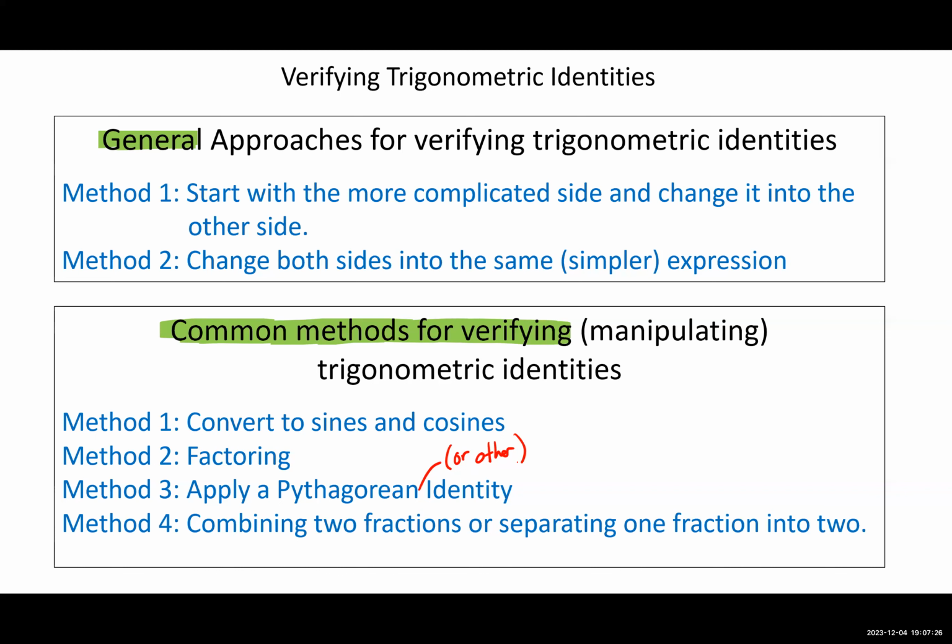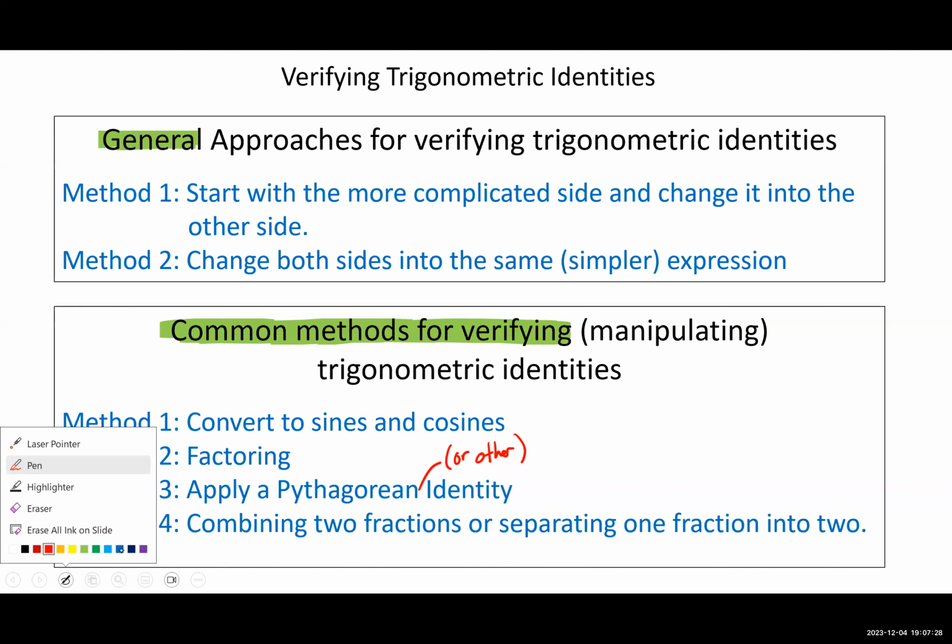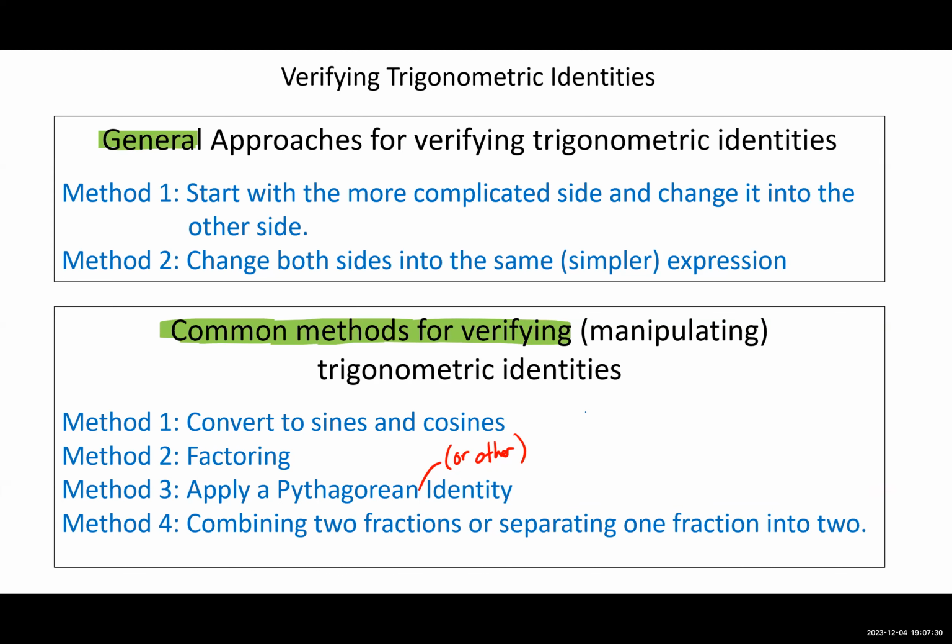Right? Another common approach, I didn't put it on here, but sometimes you're going to do something, and you'll see this at least once, maybe more, in this video: using the fact that x squared is equal to x times x.